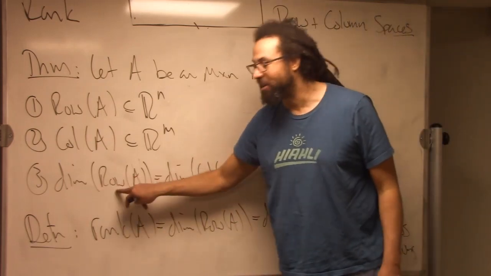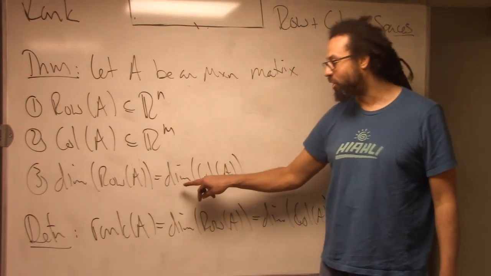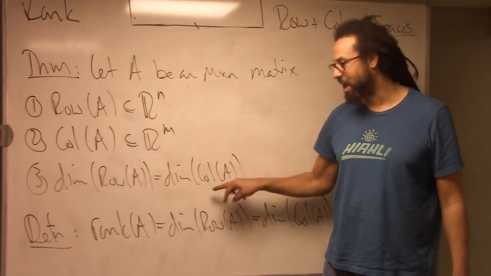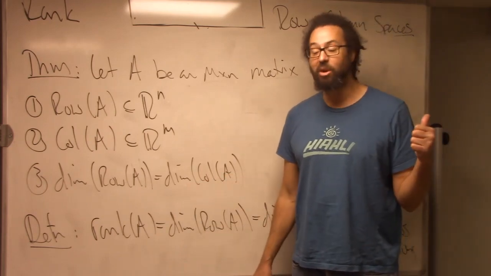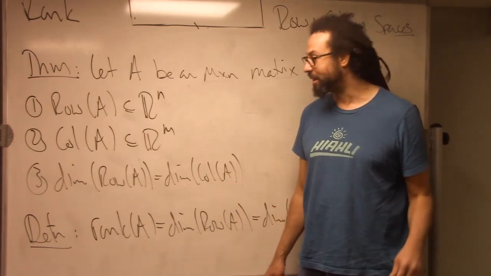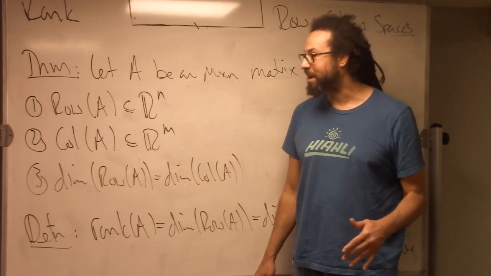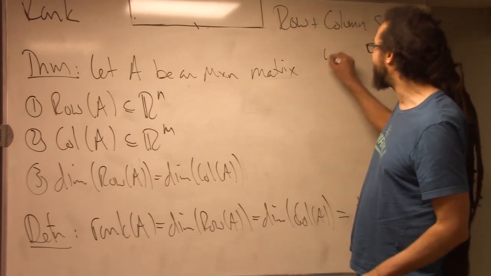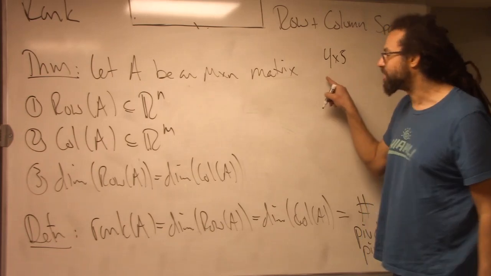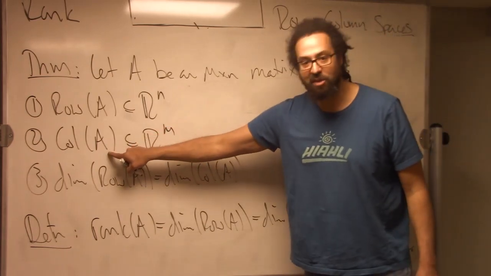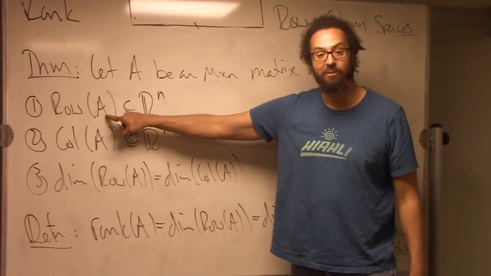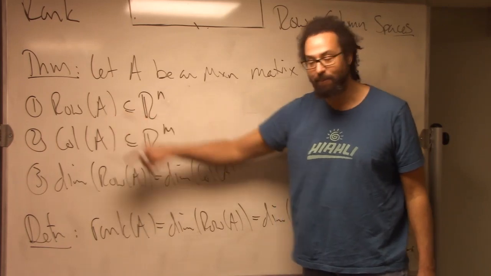The dimension of the row space is always equal to the dimension of the column space. That's what the last example suggested, right? We computed the row space and the column space of a 4x5, and we saw that the dimension of the column space was 3, and the dimension of the row space was also 3.